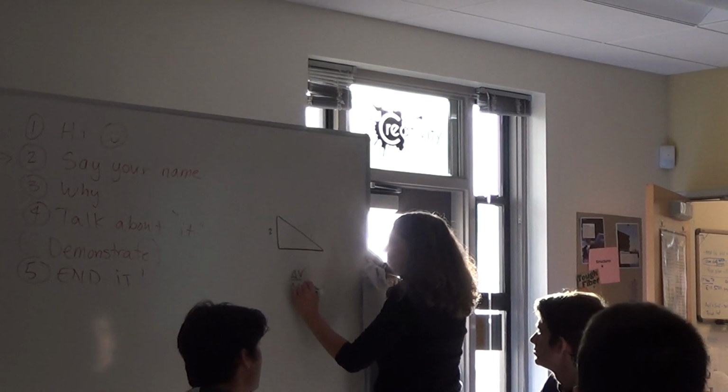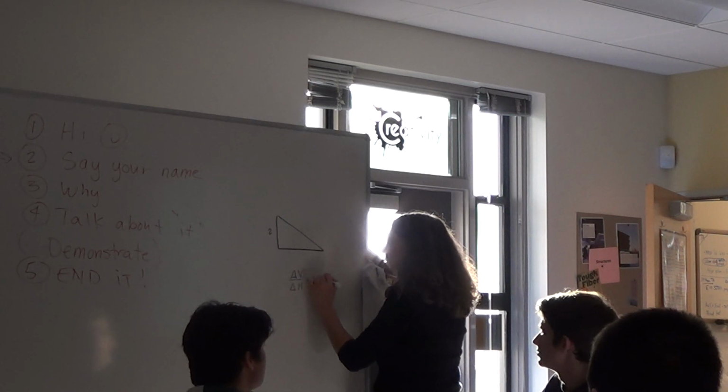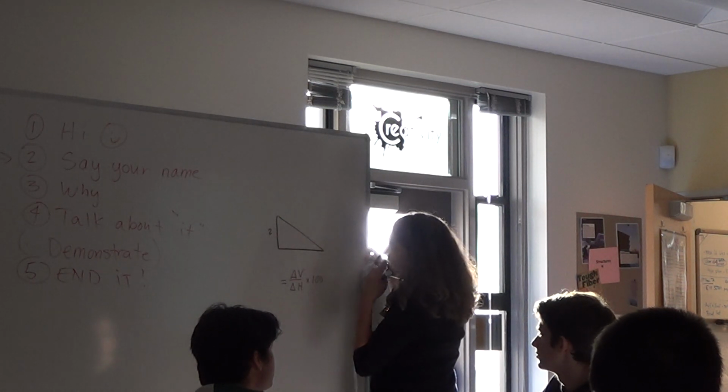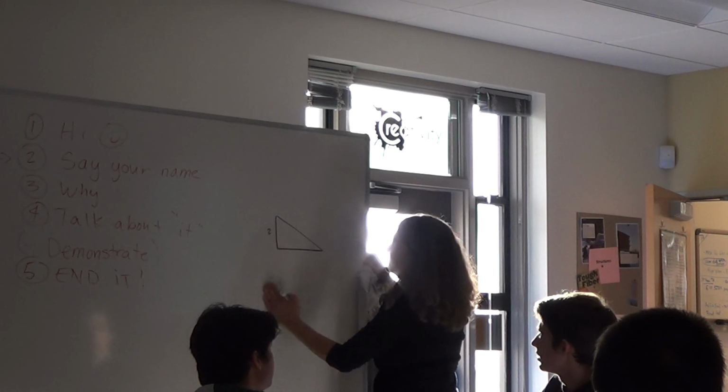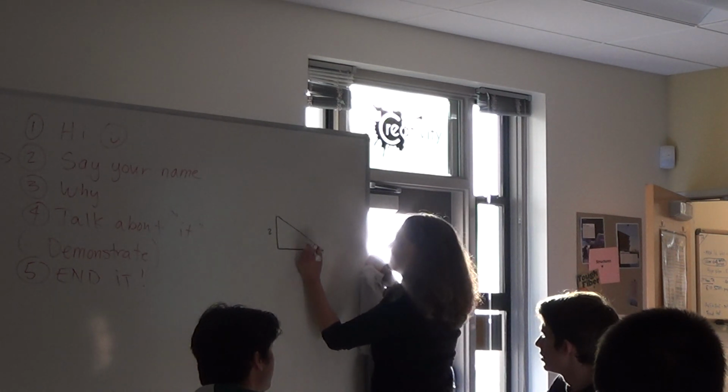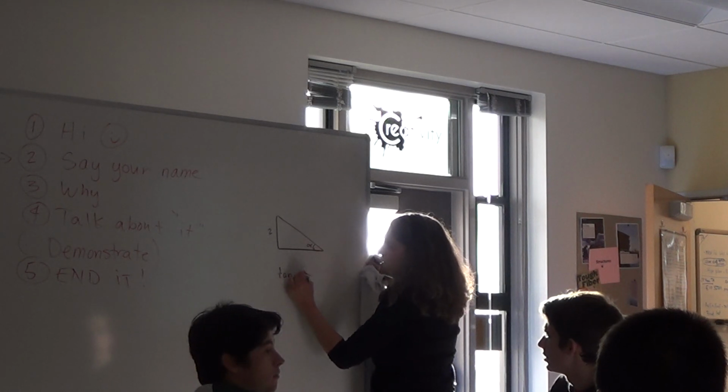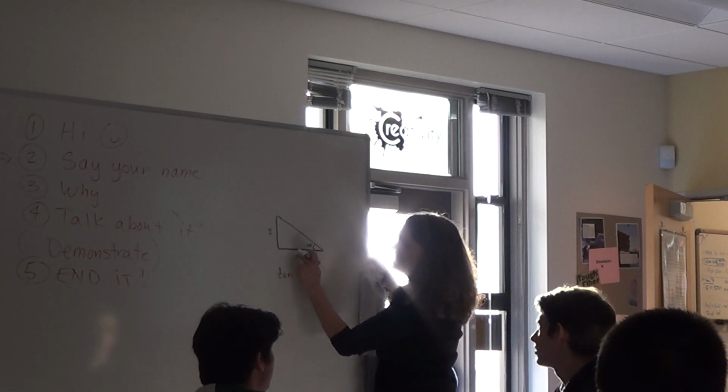It's the change in vertical over the change in horizontal times 100. And that's percent grade, but I don't want percent, I want degrees. So we're going to use tangent. So you gotta have 2 on the bottom.